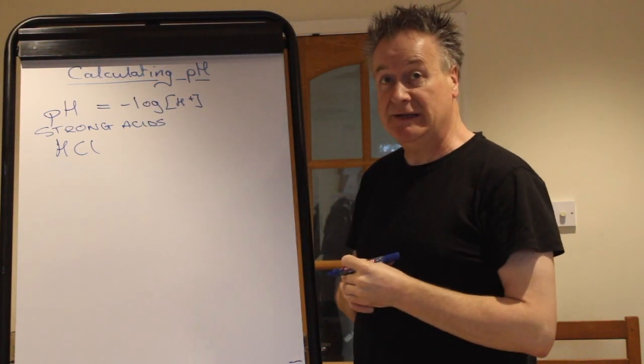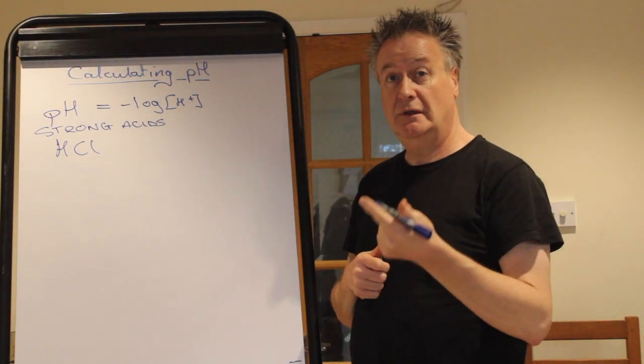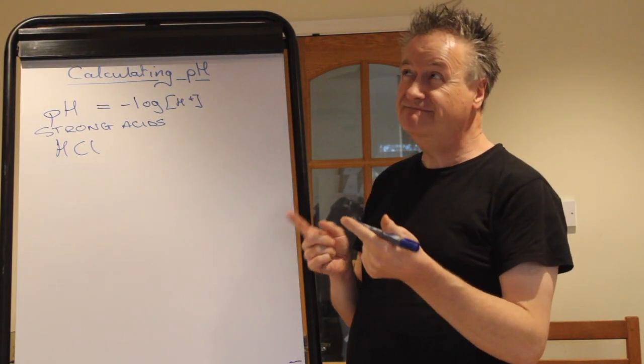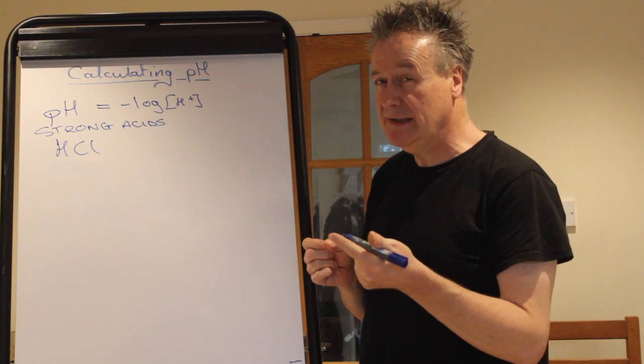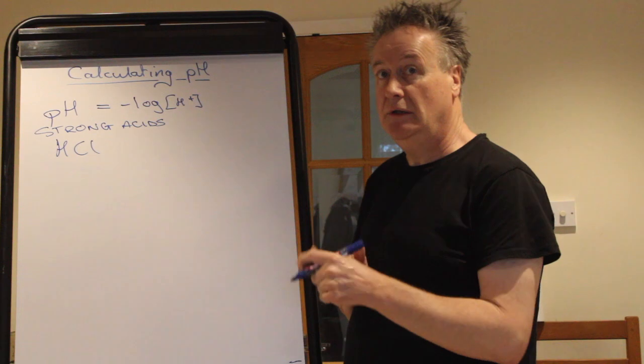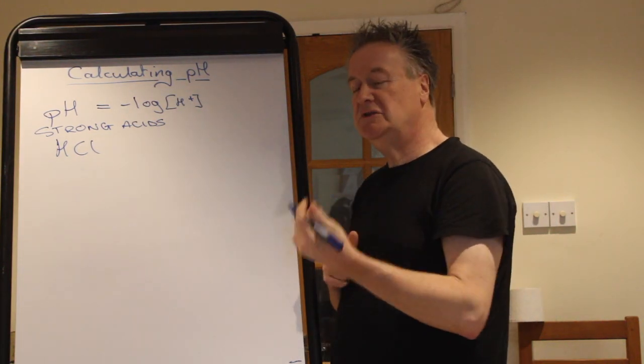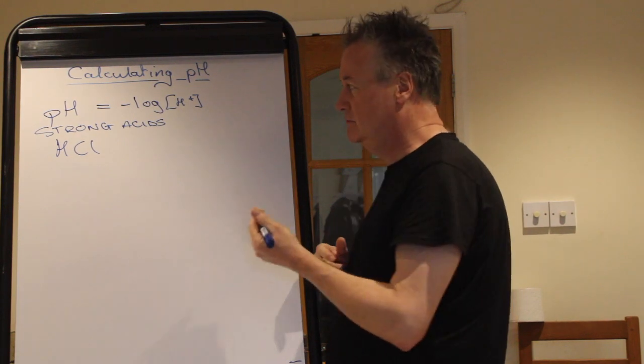There aren't that many strong acids that you do this with. HCl, HNO3, sulfuric acid. Sulfuric acid is a bit of a complicated one. We'll come back to sulfuric acid another time. So taking HCl, there is an assumption that you make.